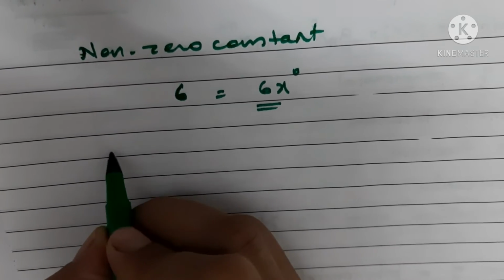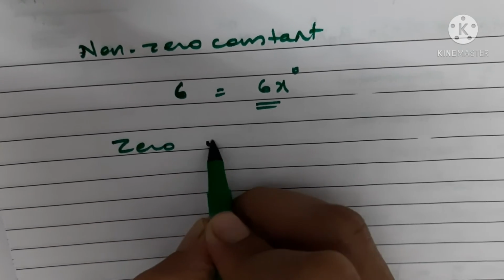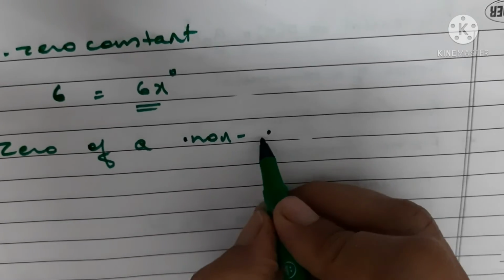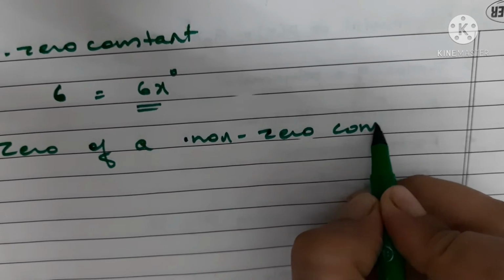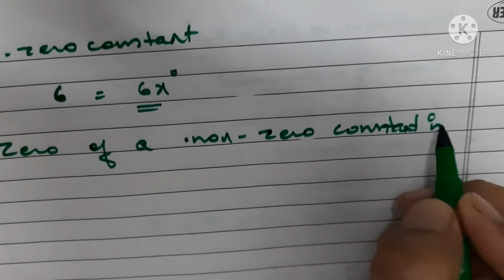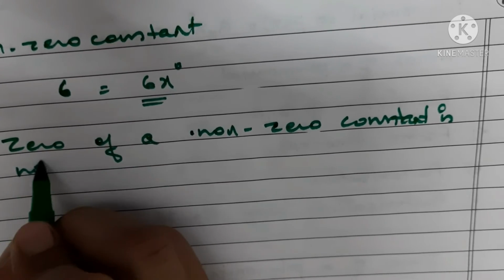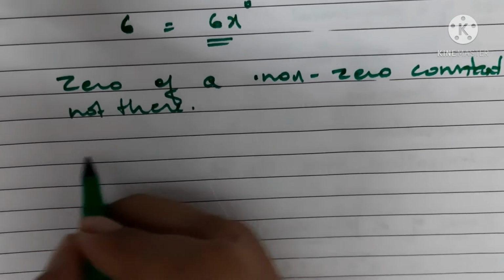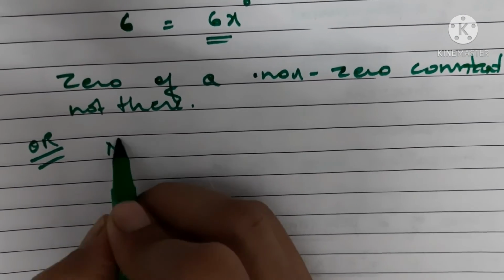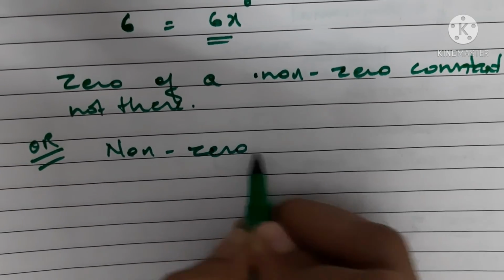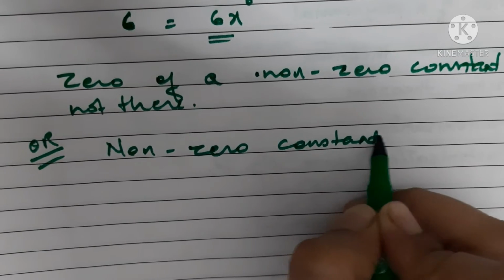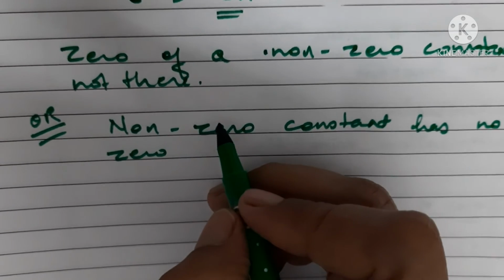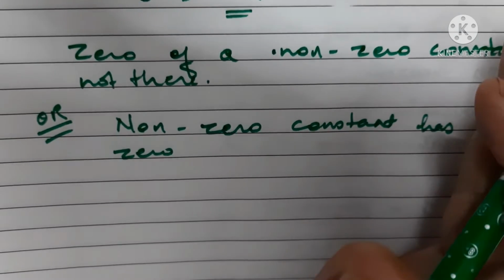So we can say that a non-zero constant has no 0 polynomial, no zeros. Okay, understood? So this is how you have to understand.